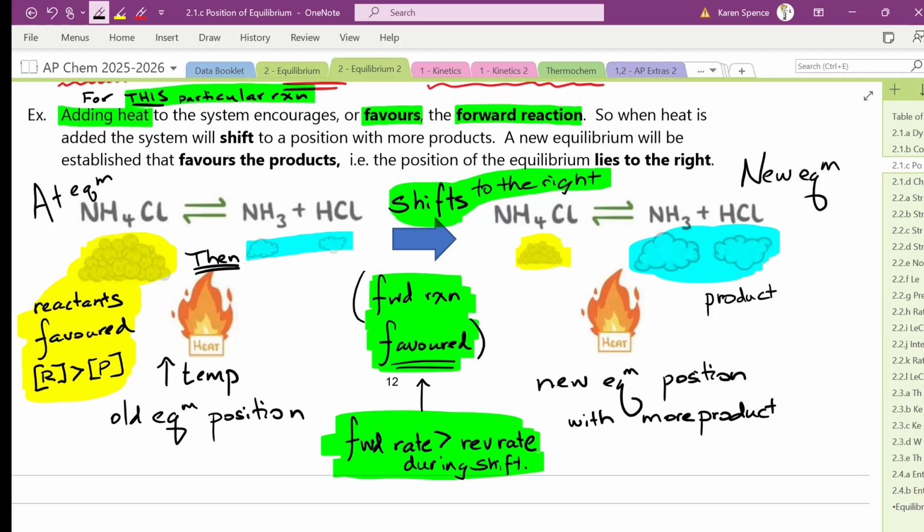So we always call the stuff on the left-hand side the reactants, and the stuff on the right-hand side the products. So if you put the NH3 plus HCl to the left side, then your whole thing gets flipped. If you were to write this reaction backwards, the NH3 and HCl would become the reactants, and the NH4Cl would become the products.